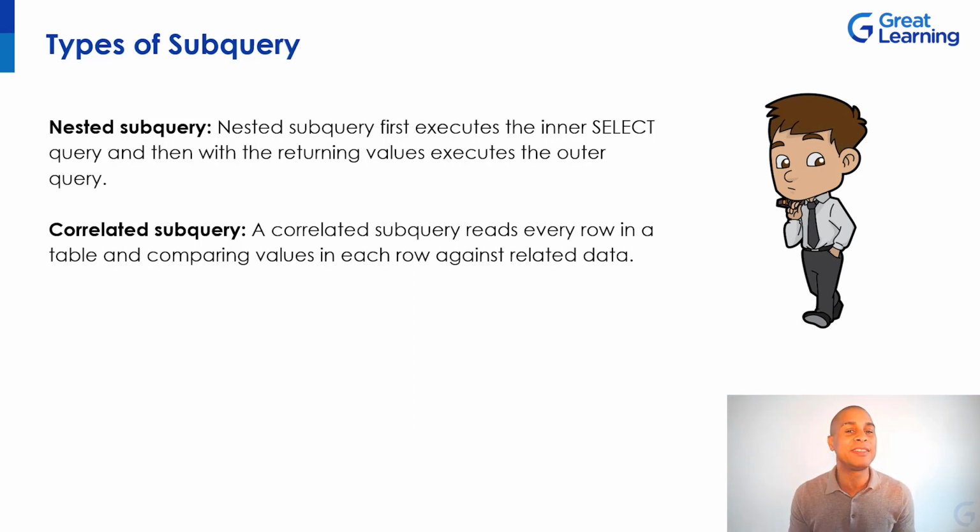A correlated subquery acts a little differently. A correlated subquery reads every row in the table and compares the values in each row against the related data. So it's a little bit more intricate. And remember that subqueries can be used in different parts of your select statement, for example, in your clauses, such as where and in.